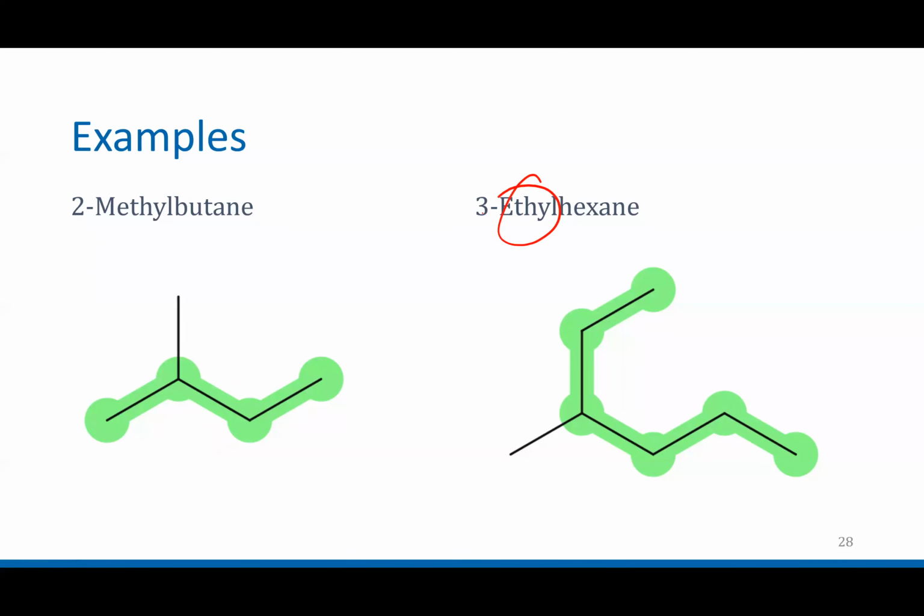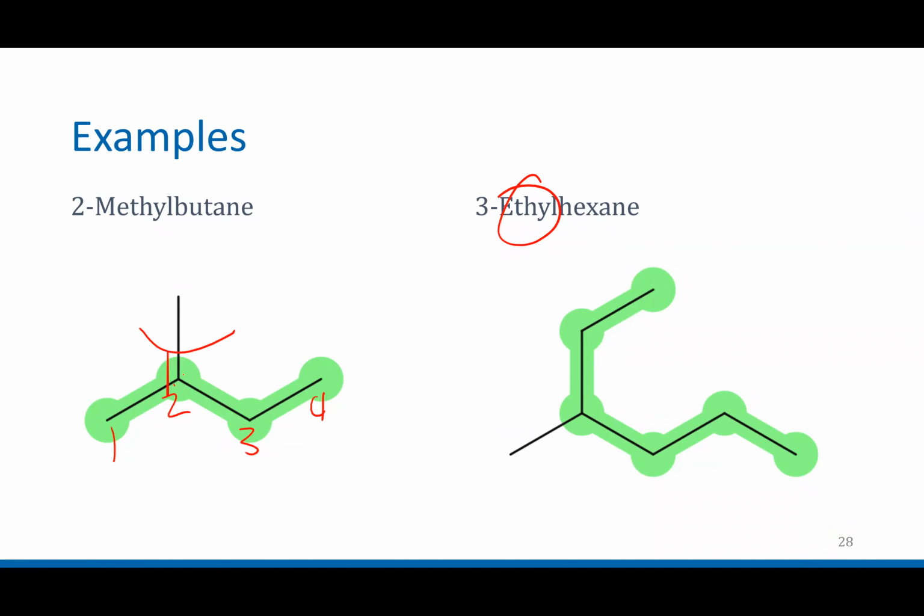Maybe someone can tell me why that's a typo, but let's start with this one over here. My longest chain: 1, 2, 3, 4. 4 carbons. It could be 4 going this way too, but it doesn't matter which way I number this, because no matter what, 1, 2, 3, 4.